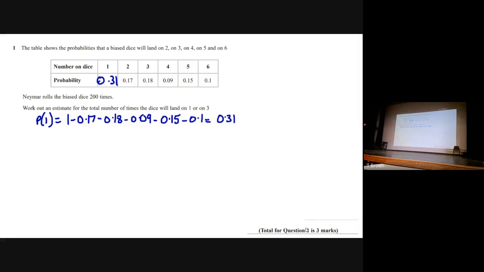So a 31% chance. And he's going to roll it 200 times. Now, why are we estimating? Because we don't actually know this is going to happen, because this is the probability. When you roll a dice yourself, or flip a coin, you would say there's a 50% chance of getting a head, 50% chance of getting a tail.